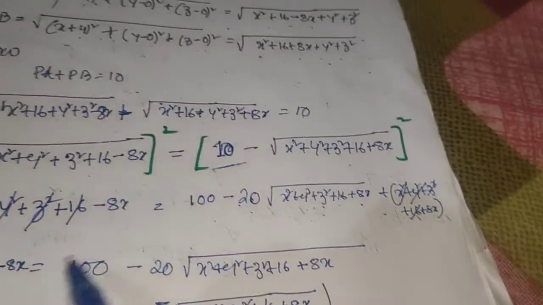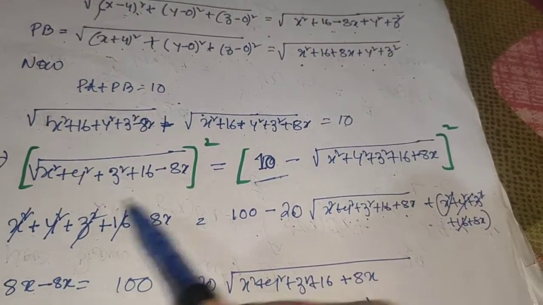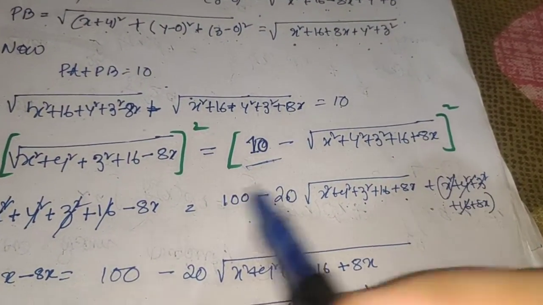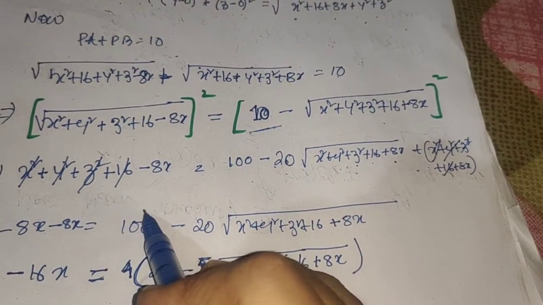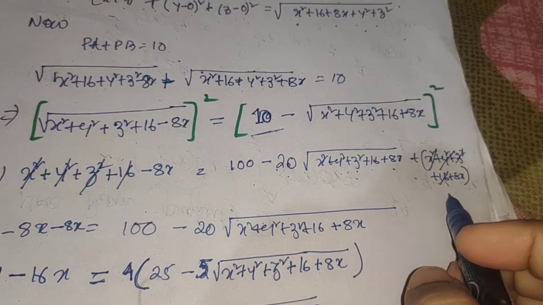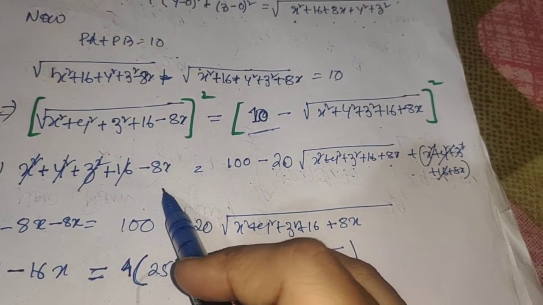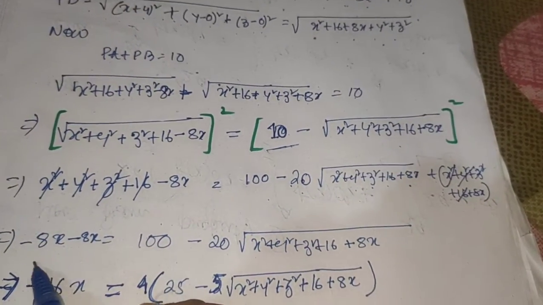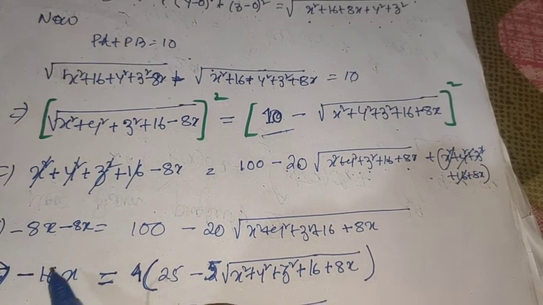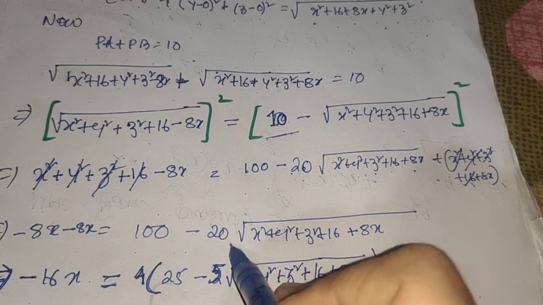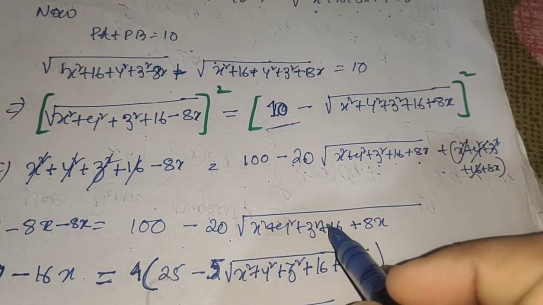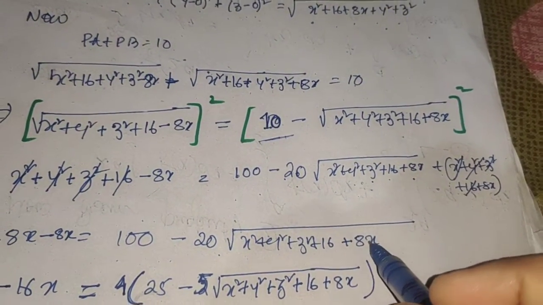So from these two expressions, what will happen? X square cancels, Y square cancels, Z square cancels, 16 cancels. This side minus 8X is left out and this side plus 8X. So let us bring both of them together. So minus 8X minus 8X is minus 16X, and on this side 100 minus 20 root over X square plus Y square plus Z square plus 16 plus 8X.